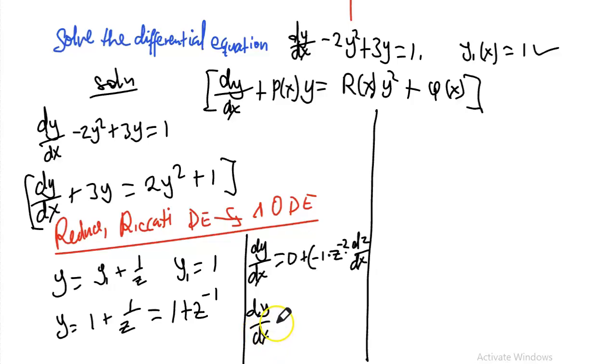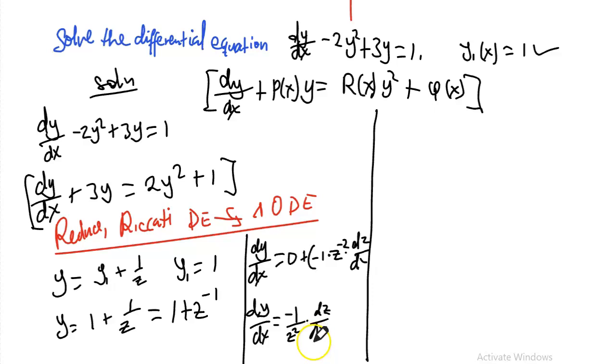dy dx will be equal to negative 1, because this side is simply 0, over z squared, because this is z to the power negative 2. If you bring it to the denominator, it becomes z squared. Multiply all this by dz over dx.